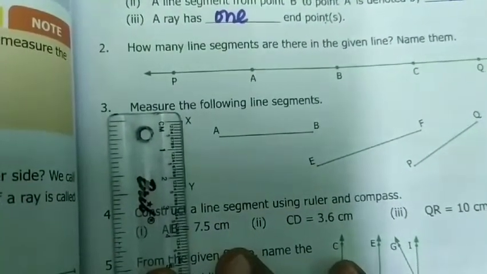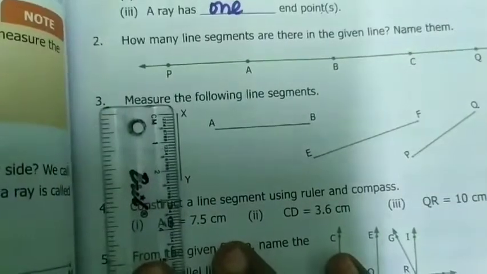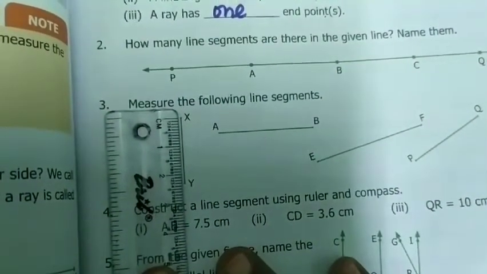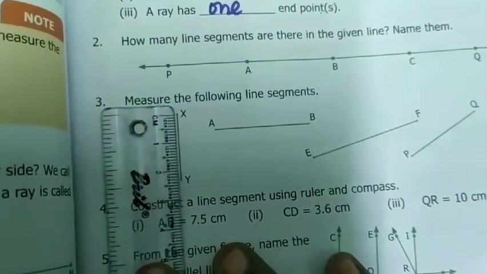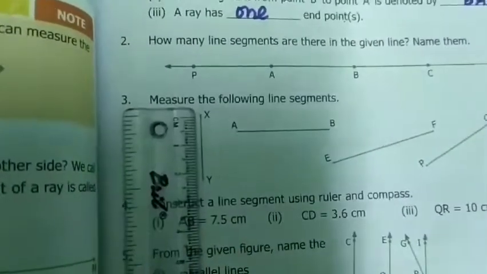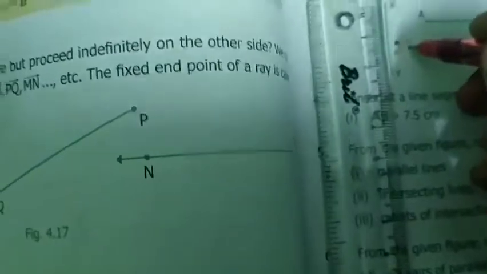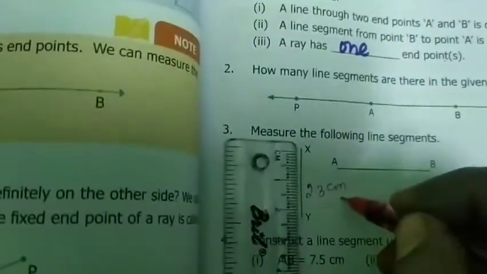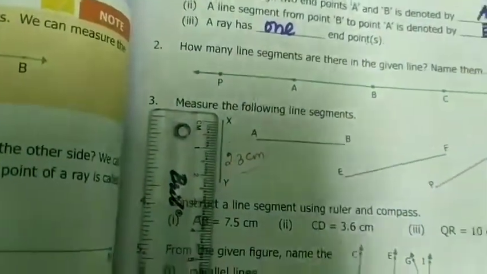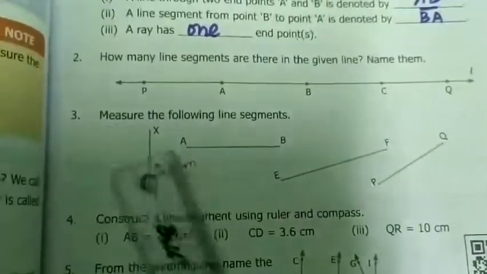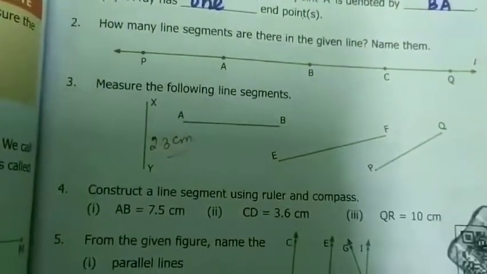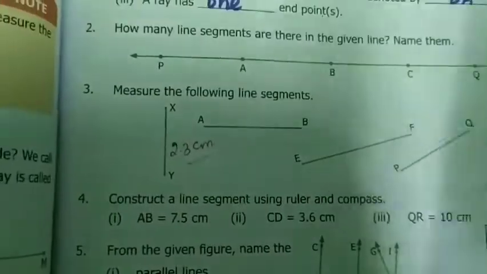The first one has 2 and then 3 lines, so the measurement is 2.3 centimeter. Like that you need to find the measure of these lines.